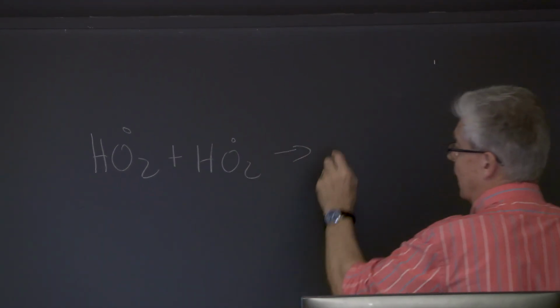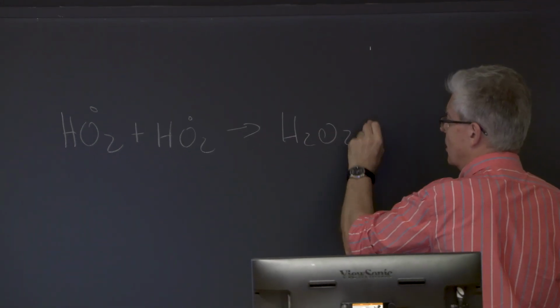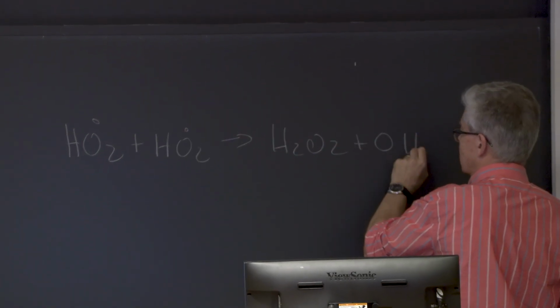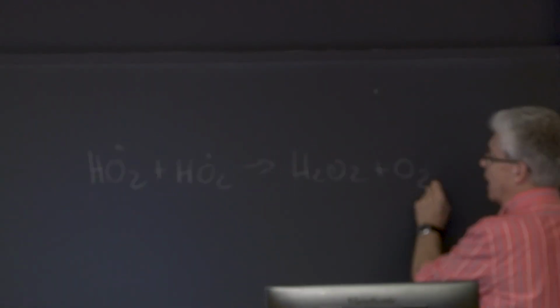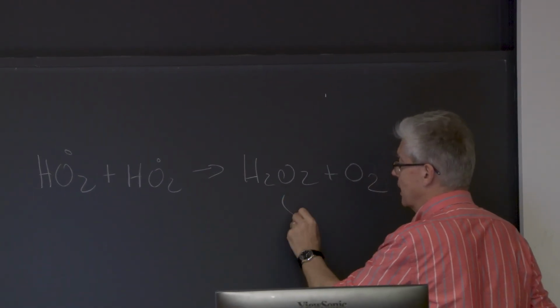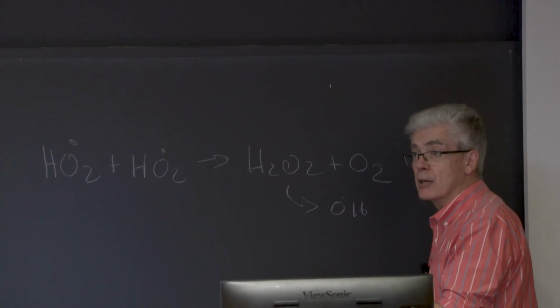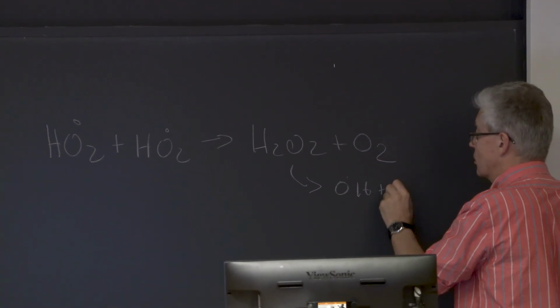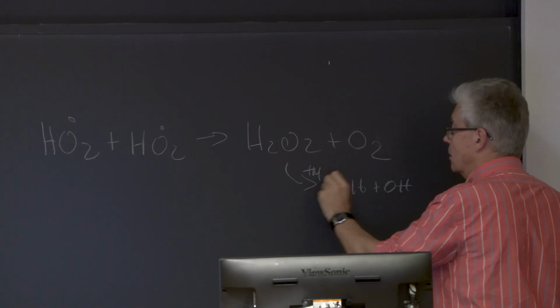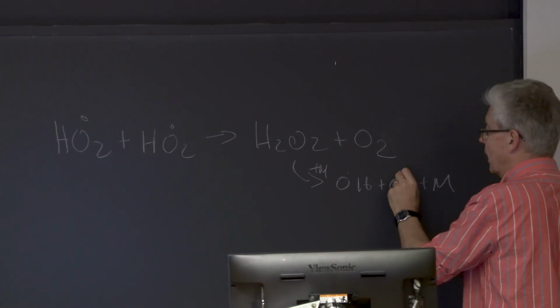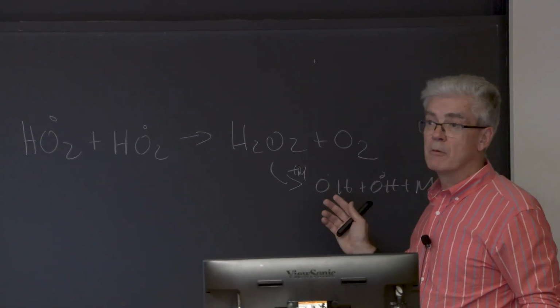It gives H2O2 plus O2, and then H2O2 can then decompose to give OH subsequently in its plus M reaction to give OH plus OH plus M. Okay? Right, so that would happen.